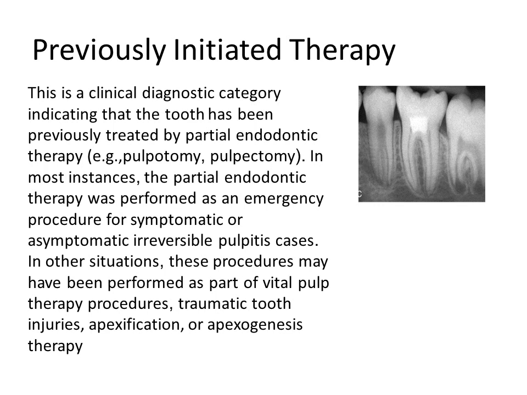Such a partial endodontic treatment is performed as an emergency procedure, not a permanent treatment. So for an irreversible symptomatic or asymptomatic case, such a treatment, or apexification, apexogenesis therapy, traumatic tooth injury.